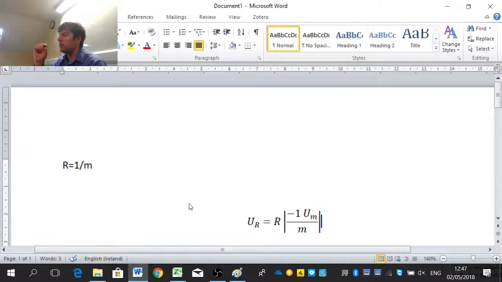The power is n, and n is -1. Now, actually, we can drop the -1. Why can I drop the -1? It's absolute value, so you can actually drop the -1.